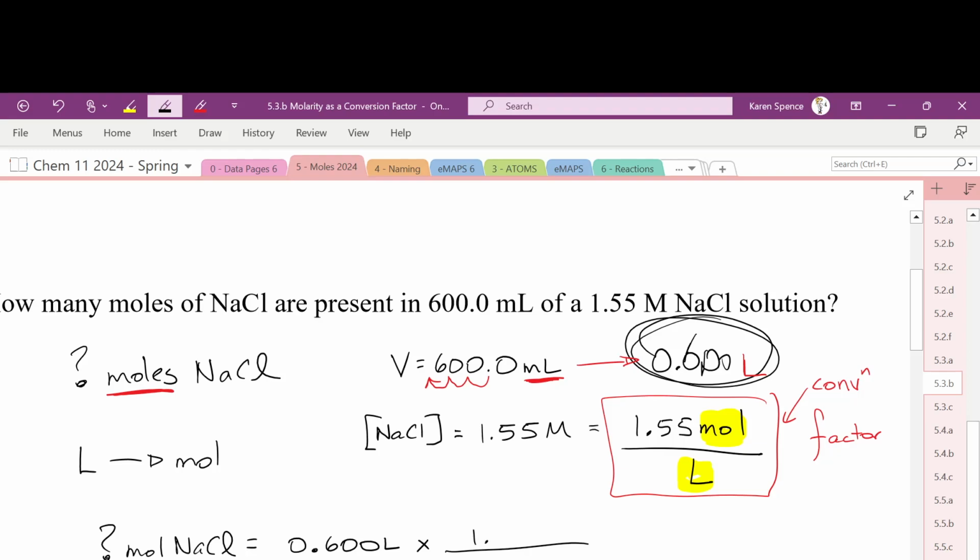a 1.55 mole per liter solution. Do you know what's awesome? Do you know what the word of means mathematically? Of means times.